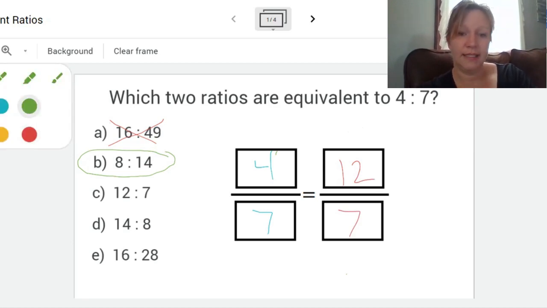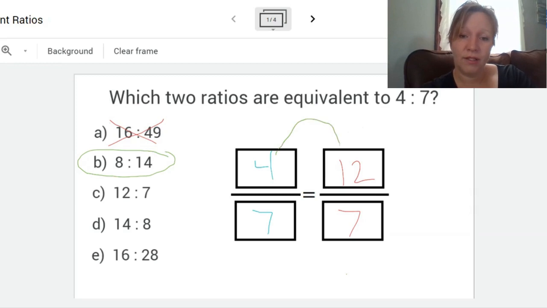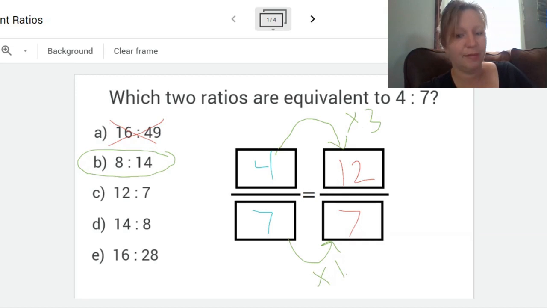Okay, and let's see how we get there. So 4 to 12 is times 3. And 7 to 7 is times 1. So since those are not the same, I'm multiplying by 3 on top and multiplying by 1 on the bottom. Those are not going to be equivalent fractions. So I can go ahead and mark that one out.